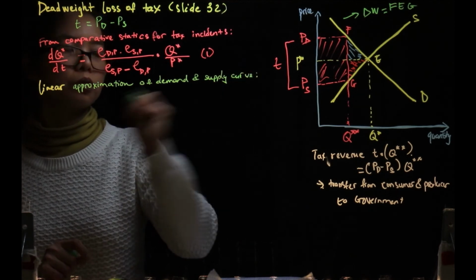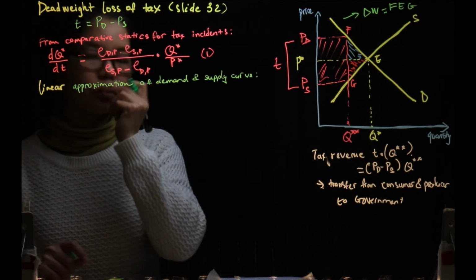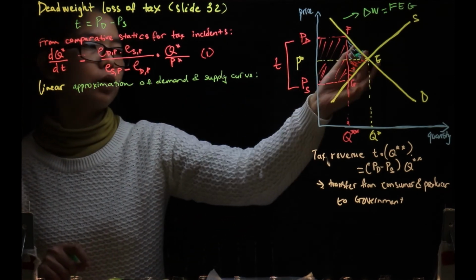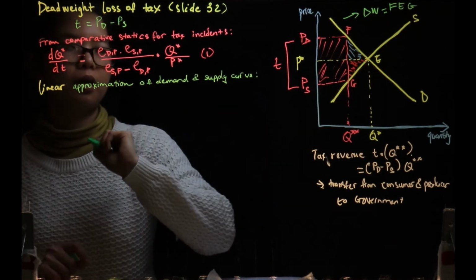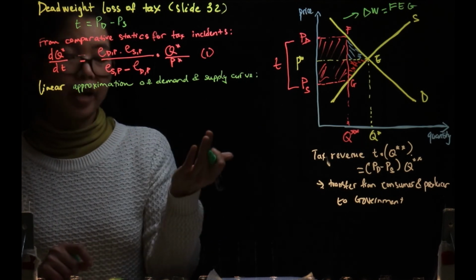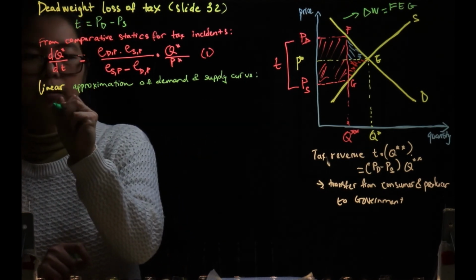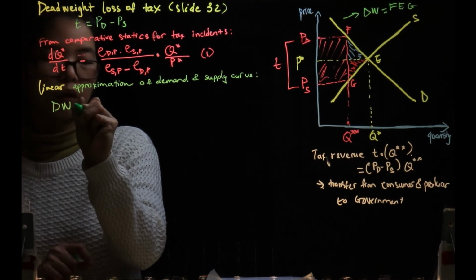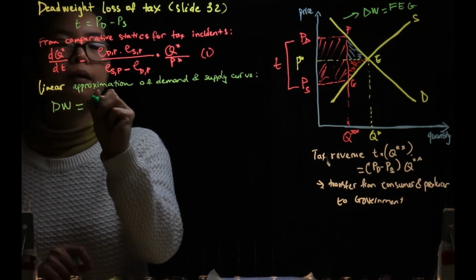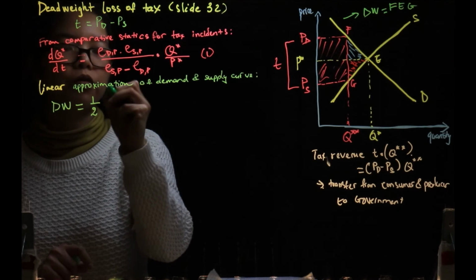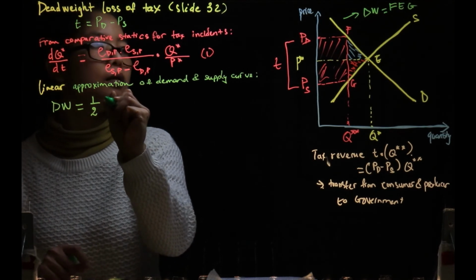Why do we have to have this linear approximation? So that we could calculate the dead weight loss area as a triangle. That's the idea. So DW, dead weight loss, would be the formula for the area.